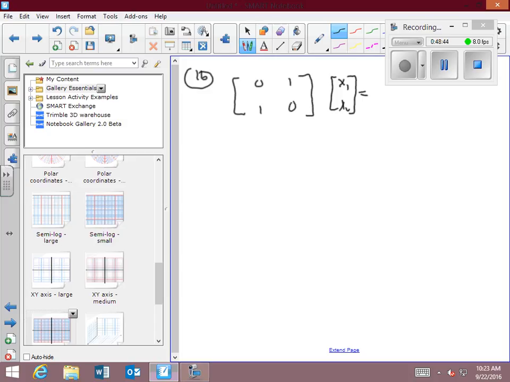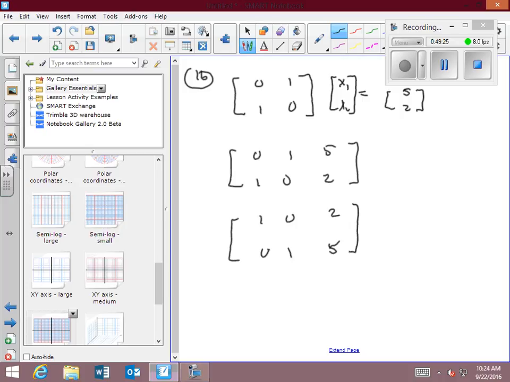And, oh, I didn't do that other one. Well, it's just going to half that other vector. 16. 2. So it's taking the vector 2, 5, and the transformation is transforming it into vector 5, 2.